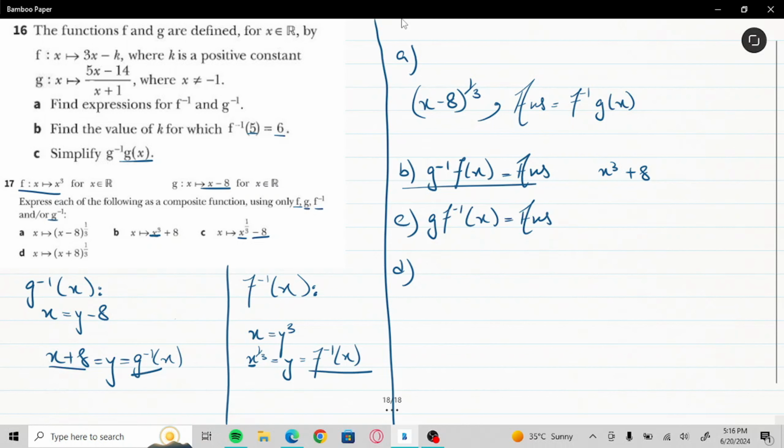If we switch the x value with x + 8, we will get what is required in the question. So if we input g inverse into the inverse of f, we get our answer.